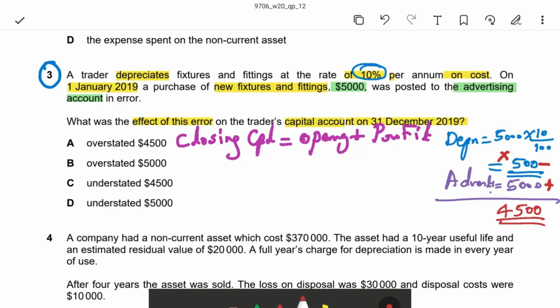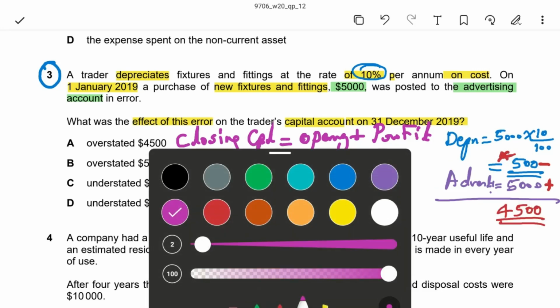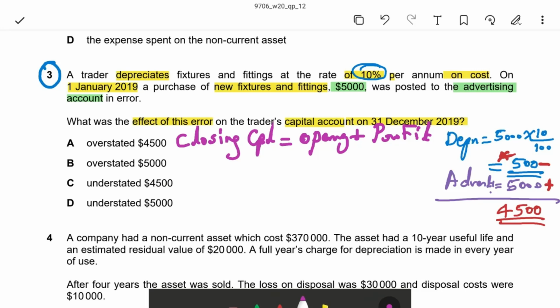It means the depreciation should have been 500, but by mistake advertisement of 5,000 was shown, so the expense is overstated by 4,500.